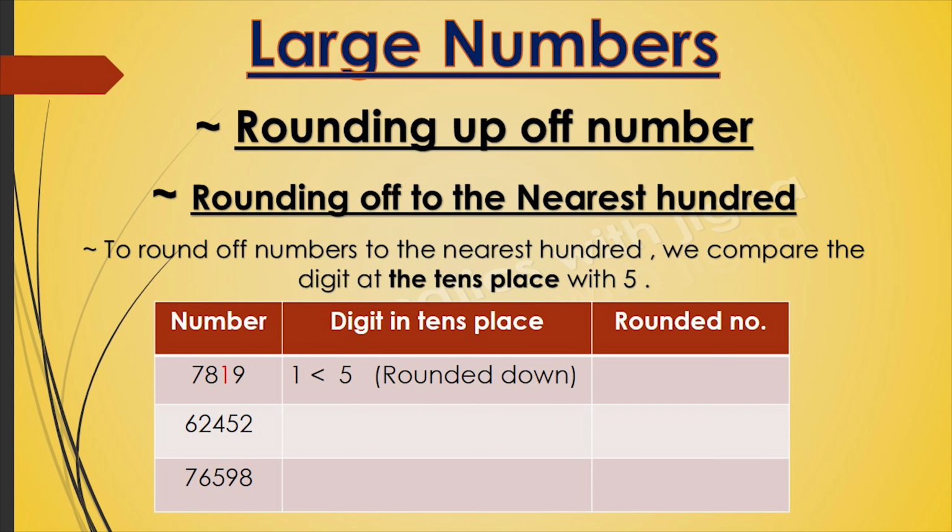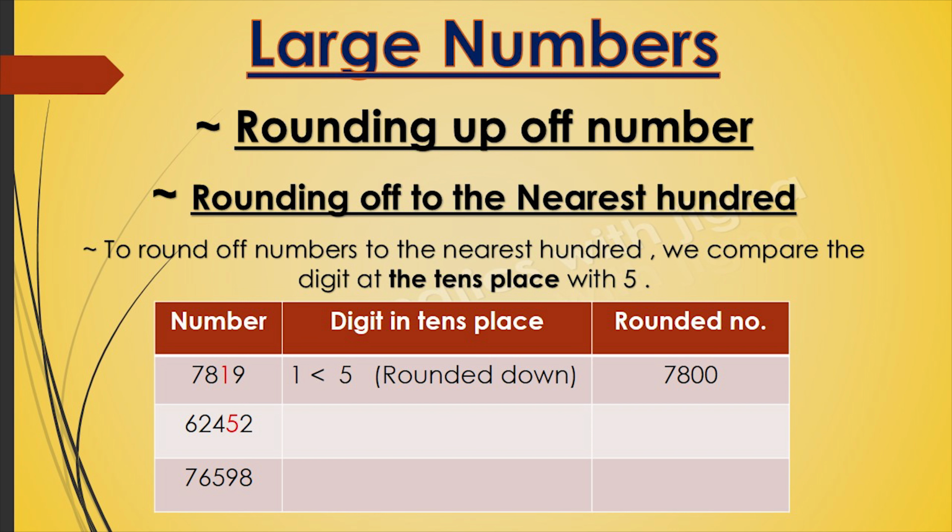So if the digit in the tens place is less than 5, we replace the digits in the tens and ones places by 2 zeros. So we replace the digits of ones and tens with the 2 zeros and rest of the digits remain same. So our answer will be 7800.